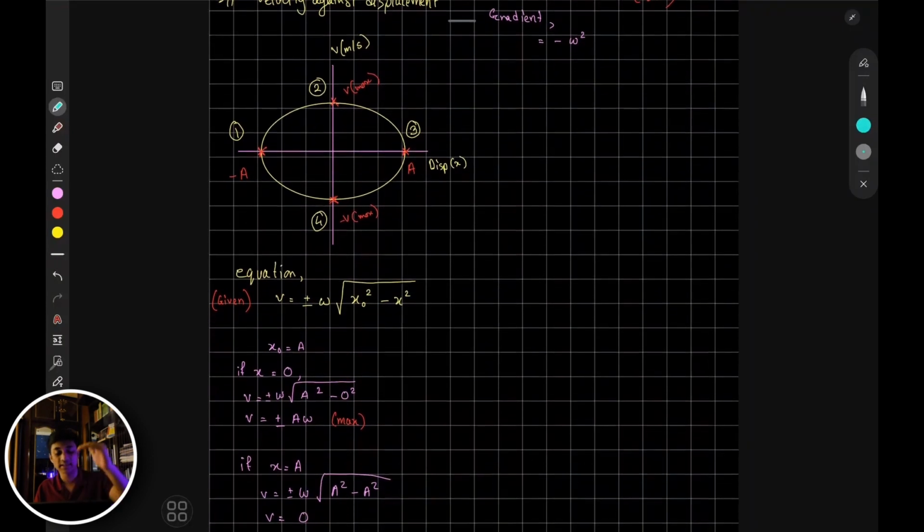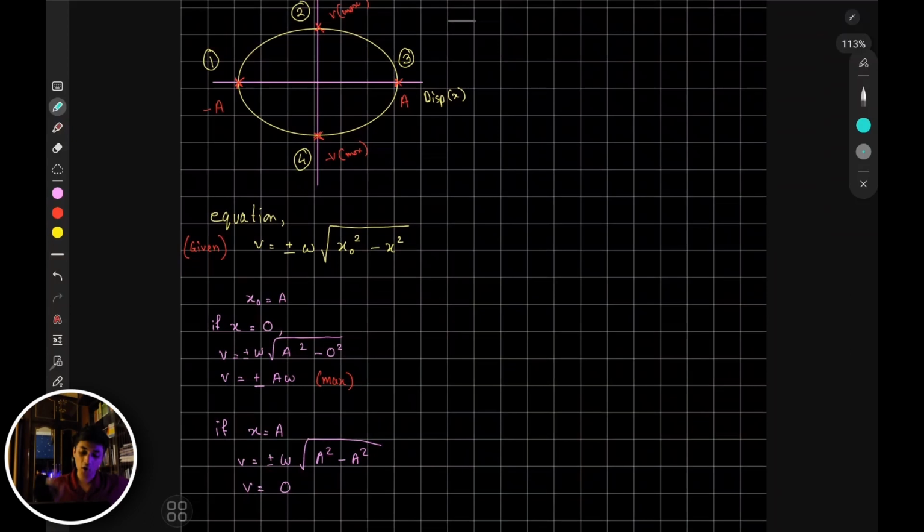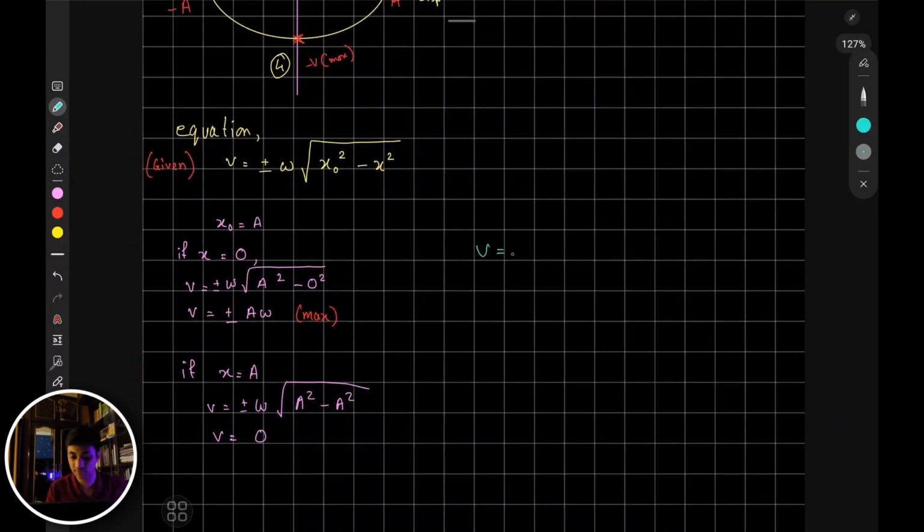Now, how do we use this equation? Understand that you may be asked to calculate maximum velocity and the cases where the velocity is 0. Great. So in that case, let's understand this equation. v is equal to plus minus omega root of x naught square, or amplitude square, minus x square.